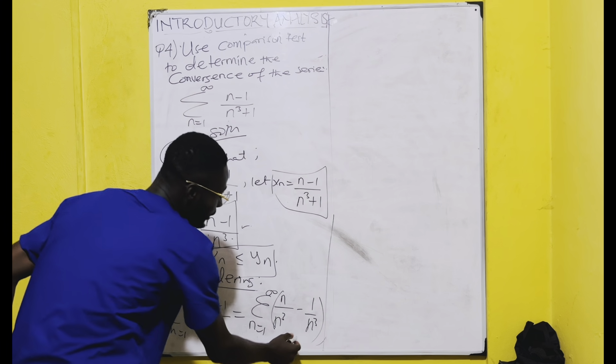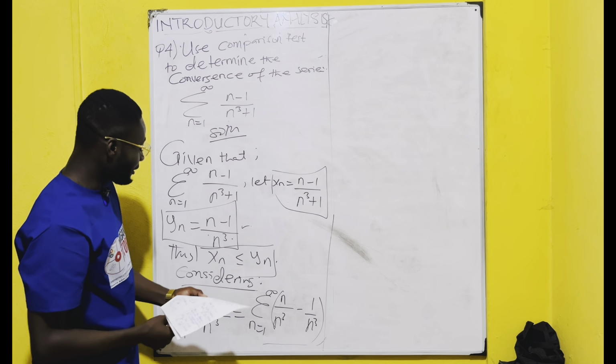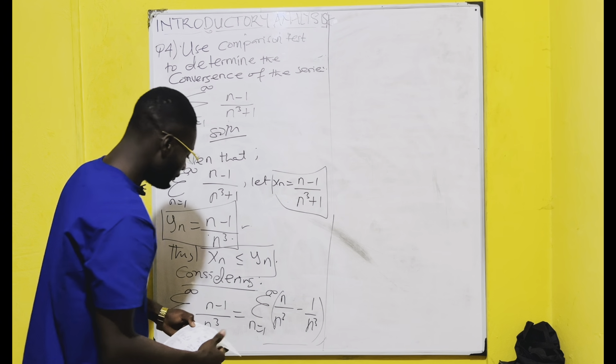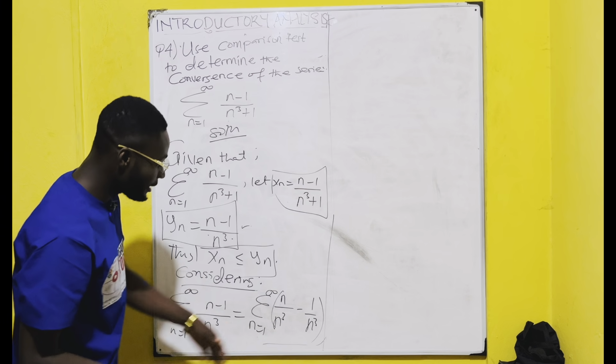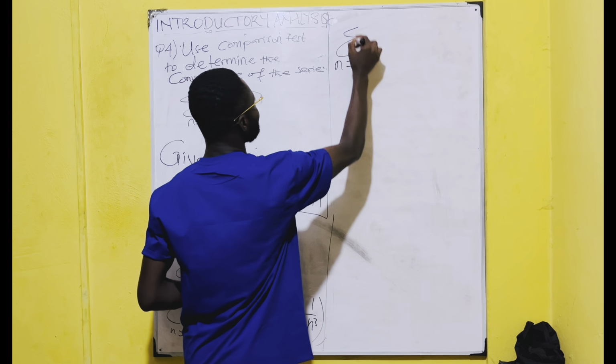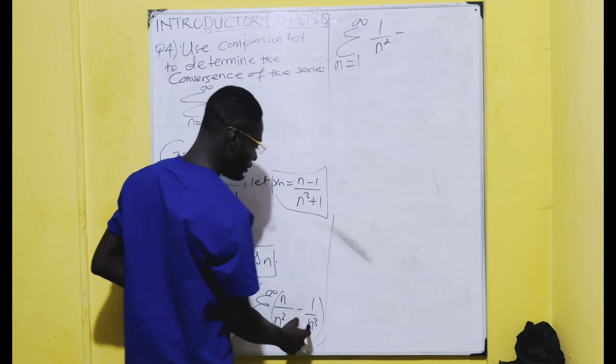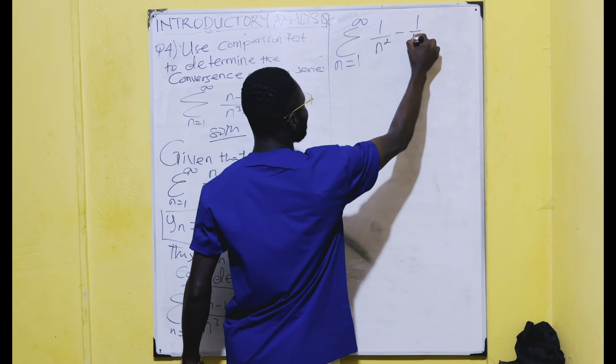Right? So this we have right here. We can simply reduce it to 1 over n squared minus 1 over n cubed.